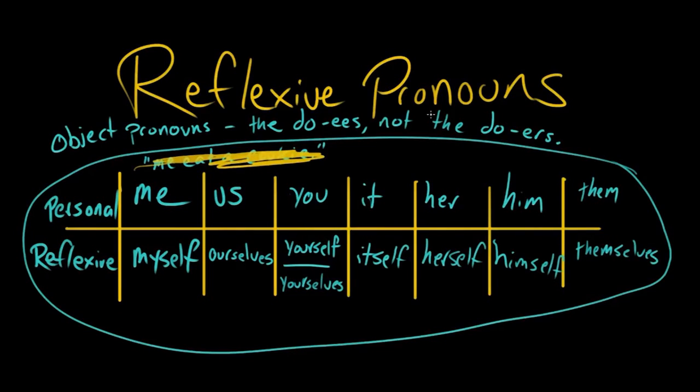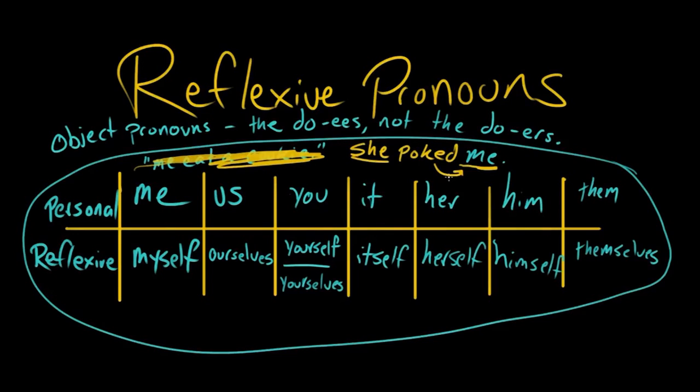So the place for these object pronouns to go is in the back end of a sentence, what we call the predicate, where the object of the verb lives. So for example, she poked me, she is the subject of the sentence, and me is the object. It's the object of the verb poked. It is the doee, it is the thing that something is done to, and not the doer. So that's when you'd use object pronouns generally.